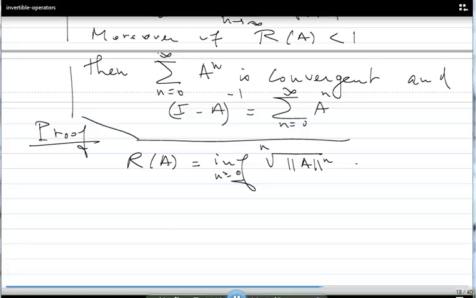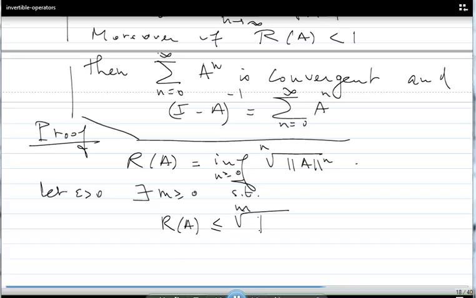So now let epsilon be positive. There exists m such that R of A is less than the norm of A to the power m, to the power 1 over m, less than R of A plus epsilon. Definition of the infimum.